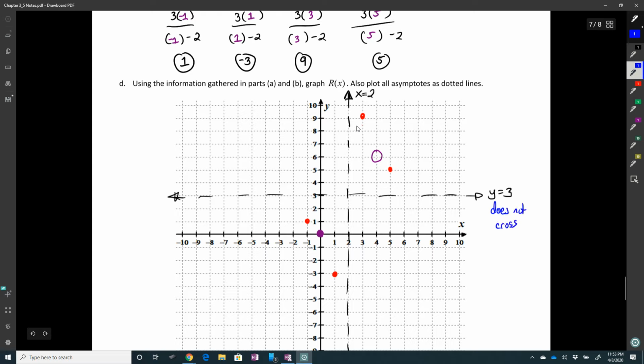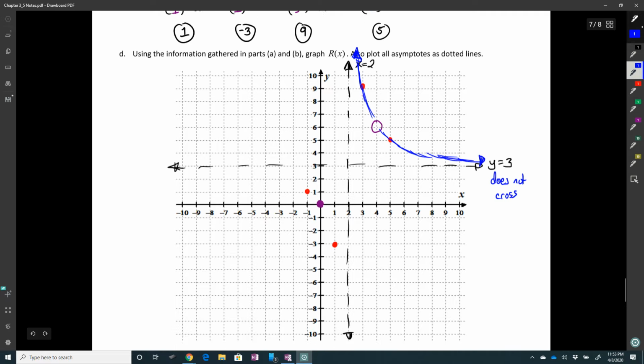So that means that the graph is going to be in this upper right region and in the lower right region, and it doesn't cross in any way. So what the graph's going to do is it actually does this. Remember that you can't touch a vertical asymptote. And then it approaches the other asymptote, but it doesn't touch it. Same thing on the other side.